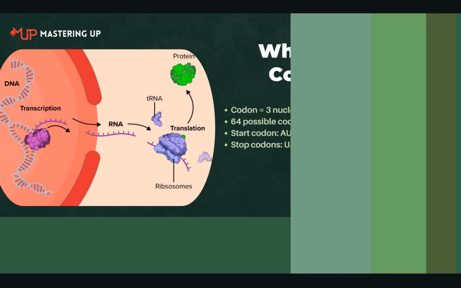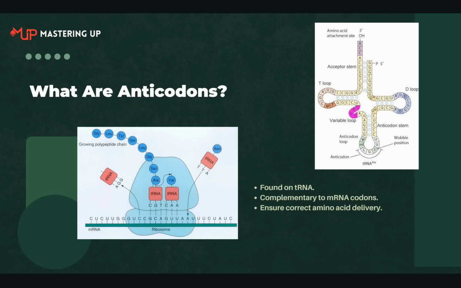Then what are anticodons? Anticodons are found on molecules called transfer RNA or tRNA. They are complementary to the codons on the mRNA strand.